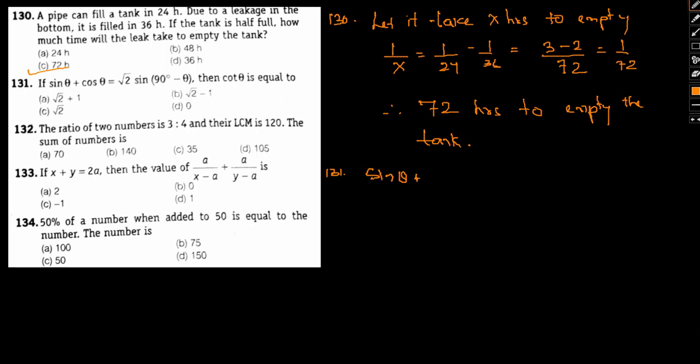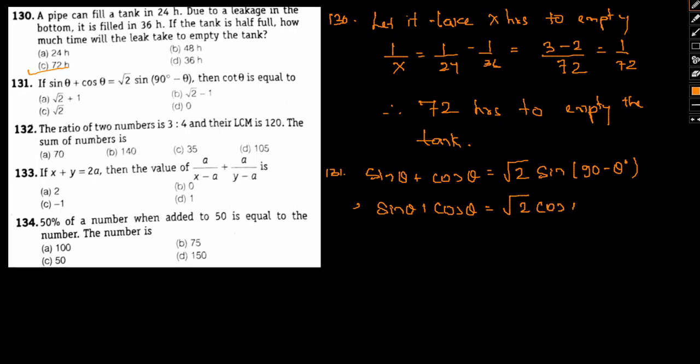if sine theta plus cos theta equals root 2 into sine (90 minus theta), then we need to find the value of cot theta. Okay, so this one we can write as sine theta plus cos theta equals root 2 cos theta, because sine (90 minus theta) is equal to cos theta. So we can write (sine theta plus cos theta) by cos theta equal to root 2.